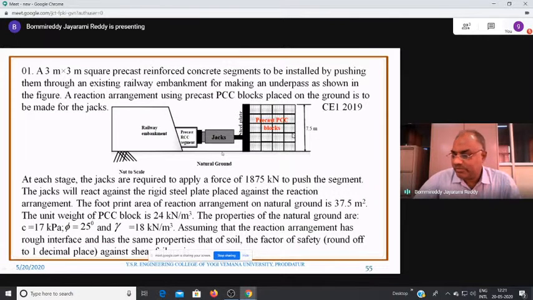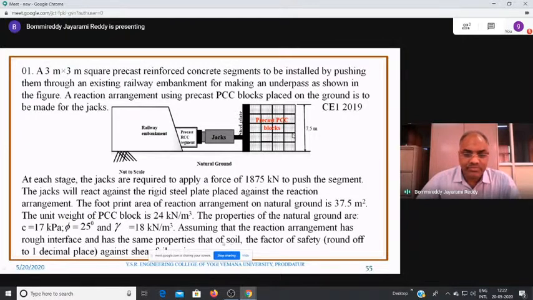So this entire density will be 24 kilonewton per meter cube. The properties of the natural ground, that is below these precast blocks, are c equal to 17.5, phi 25, gamma 18. Assuming that the reaction arrangement has a rough surface, so this reaction arrangement is having a rough surface at the ground and has the same property as that of soil.